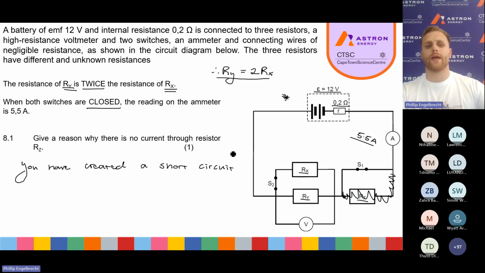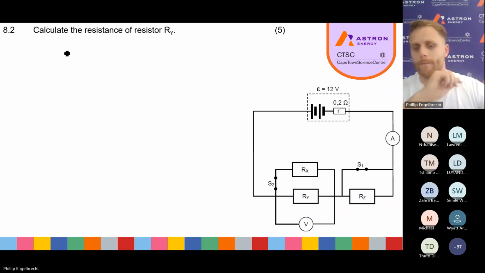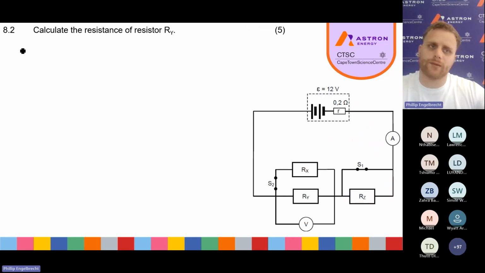Thank you for answering. Now it states, calculate the resistance of resistor X. So what can I do now? Based on all this information they've given me, I can use this equation: the EMF is equal to my current times big R plus little r.